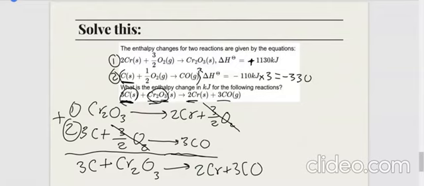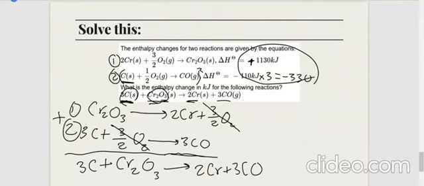So we finished, but we have one thing left, which is calculating the enthalpy change in kilojoules. How do we do that? We basically add these two together, which are the values of delta H after fixing them.